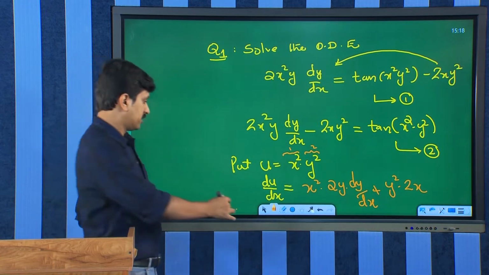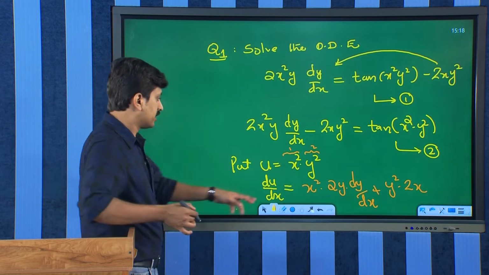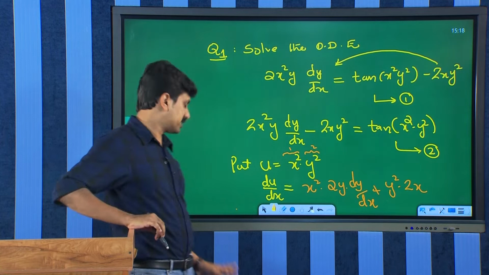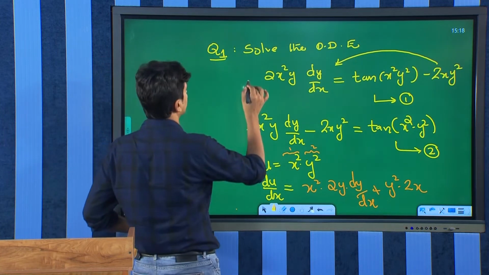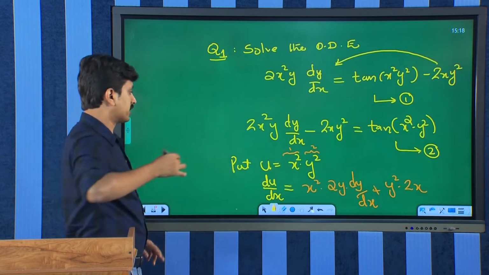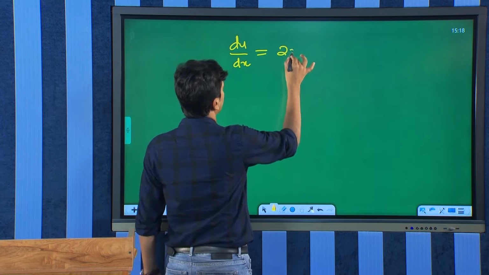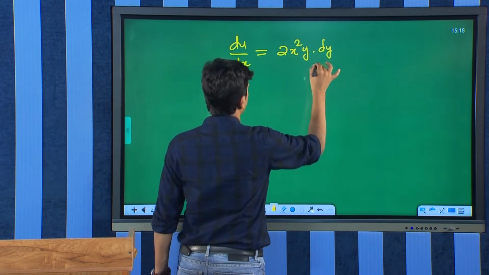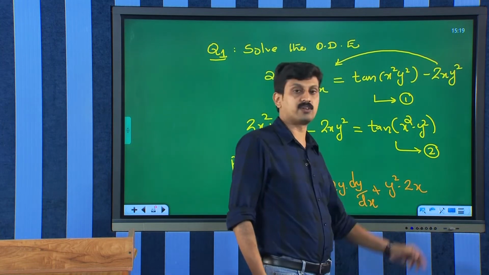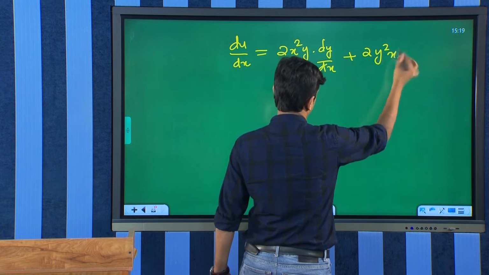So, du by dx is equal to 2x square y dy by dx plus 2y square x.